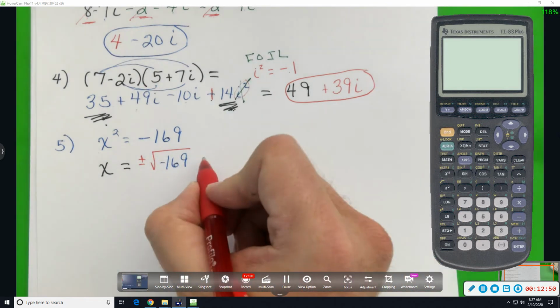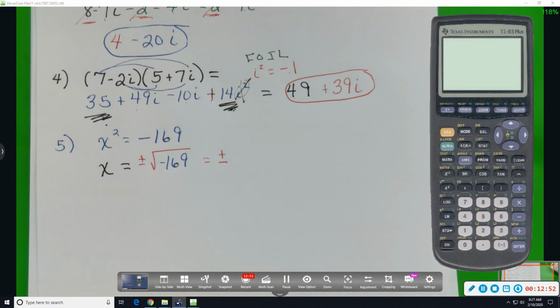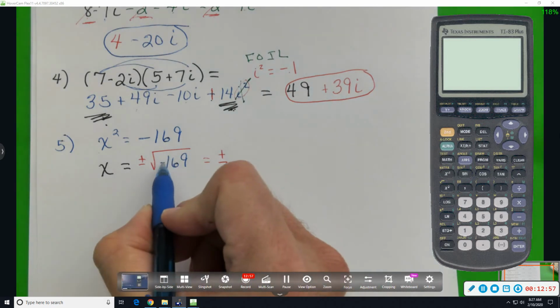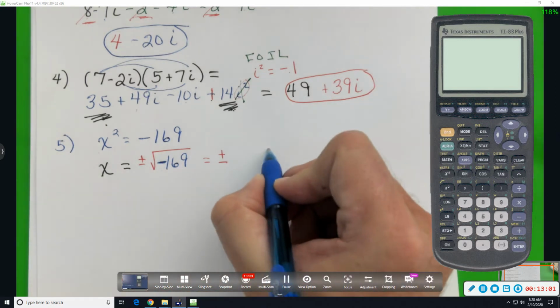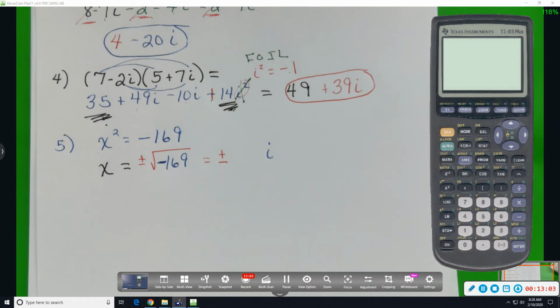So how would I simplify that square root of negative 169? Well, because there's a negative under the square root, there is an i in your answer. And do I know the square root of 169? I should punch it into our calculator. It's not really part of the multiplication tables. We always think of the multiplication tables as ending at 12 times 12.